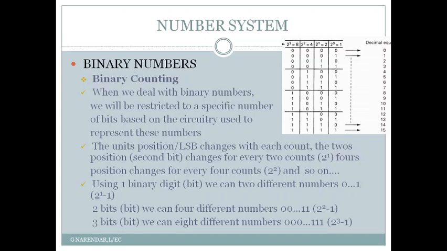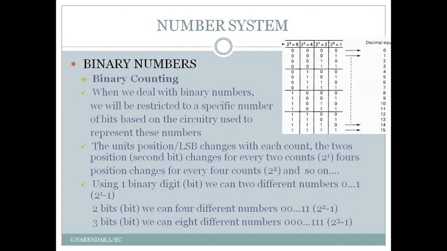It is from 0000 to 1111. Observe the counts. The first position has a position value of 2^0, the next position has a position value of 2^1, the next 2^2, and the next 2^3.